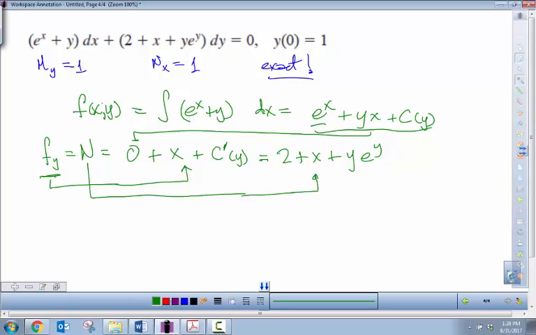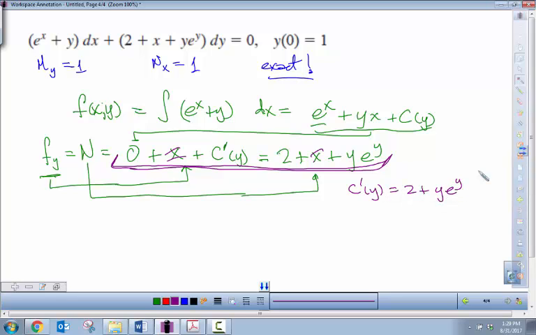So now I have this equation, and I want to solve for c of y. It looks like the x's can cancel. So I have c prime of y is equal to 2 plus y e to the y.